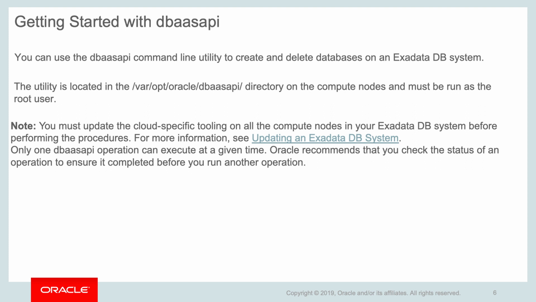That also provides you a way to update the tooling in place. Only one DBAAS API operation can be executed at any given time. So Oracle recommends that you check the status of any operation you are invoking using the DBAAS API before you run another operation.